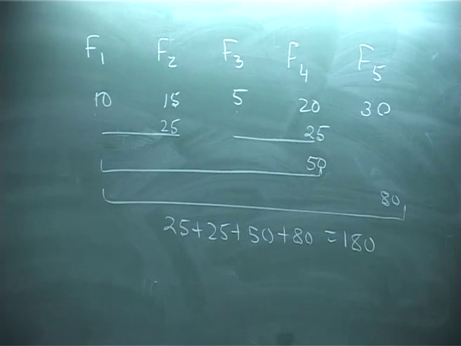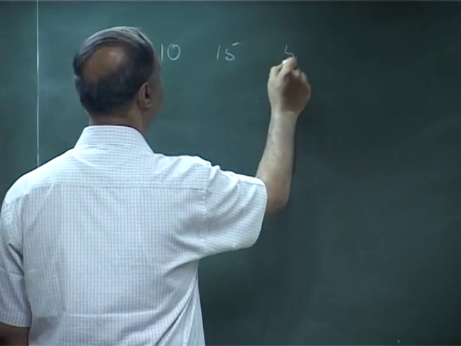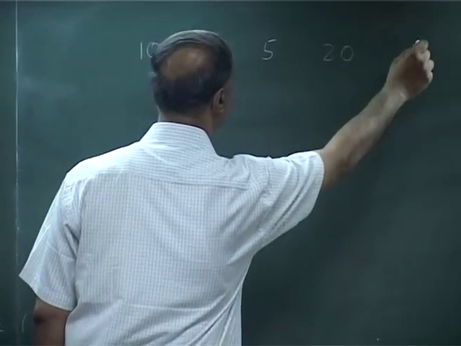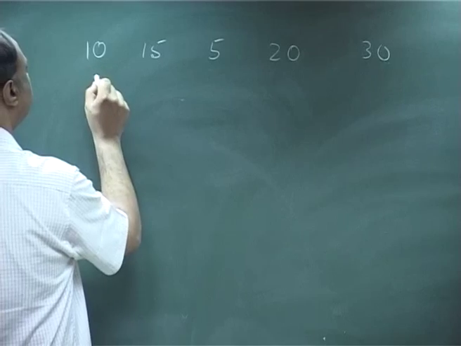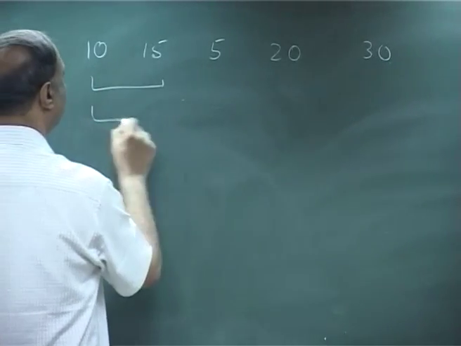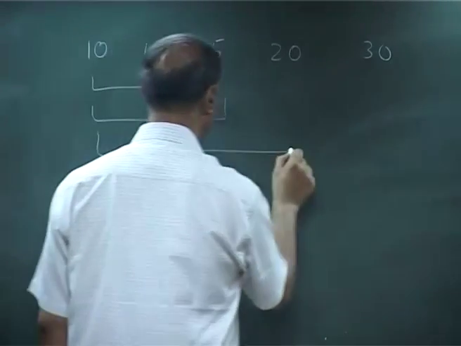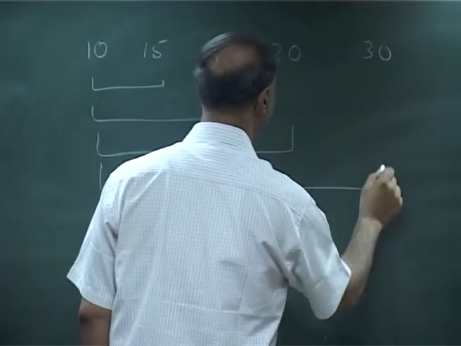So it becomes 180 record movements. Now let us think about the other way. You have 10, 15, 5, 20, 30, and suppose I merge this one first, then this one, then this one, and finally this one.